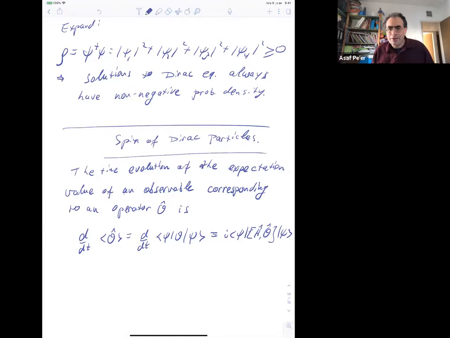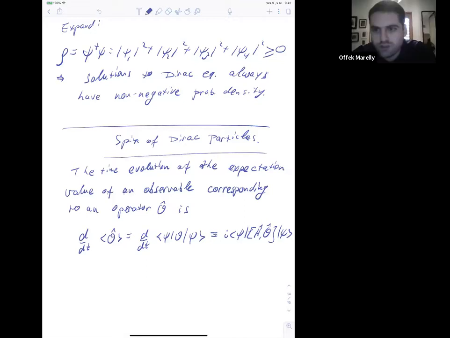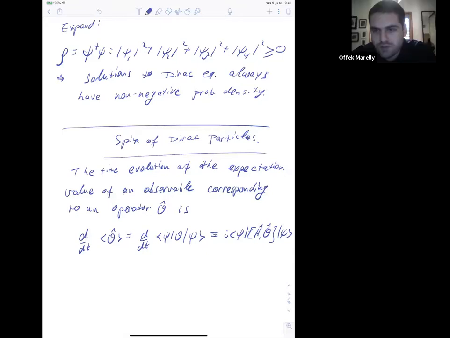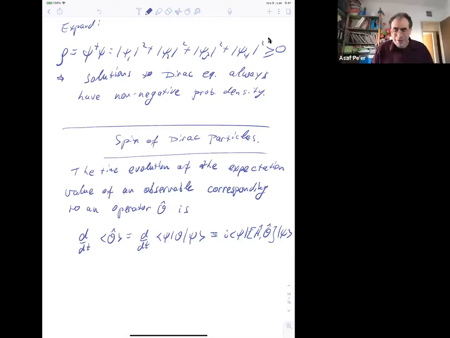It's a measurable quantity and it doesn't interfere with the Hamiltonian. It's a constant of motion, right?